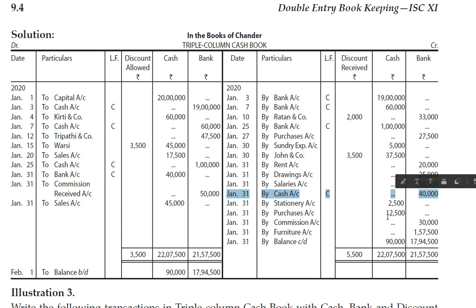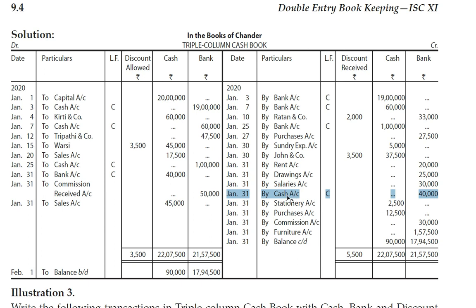Why is it a contra entry? Because whenever you are withdrawing money from your bank account for business purpose, your bank account will be reduced as well as your cash account will be increased, because the money you are taking from the bank, bank account will be credited and your cash account will be debited.